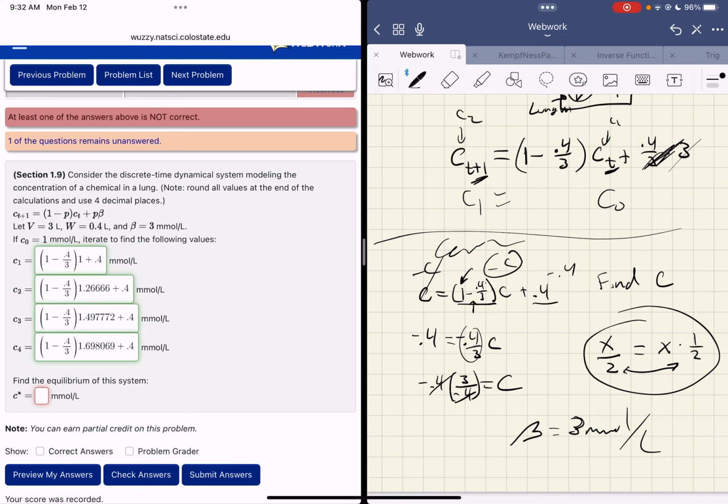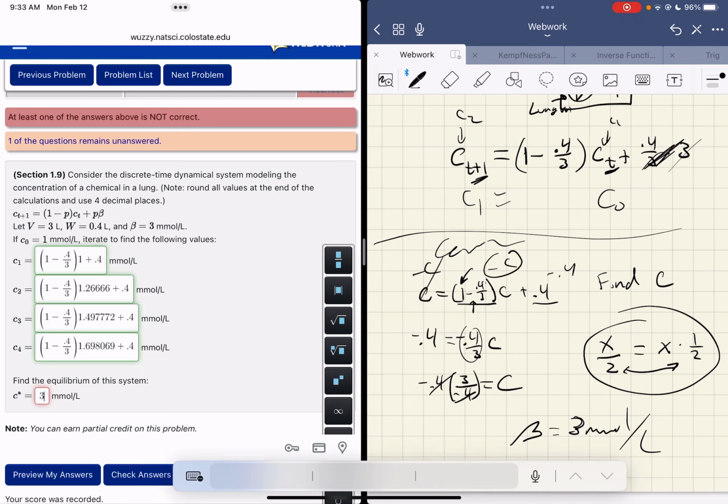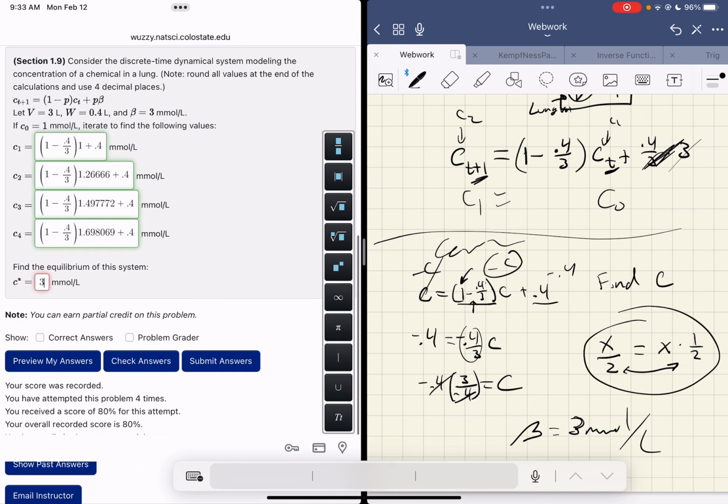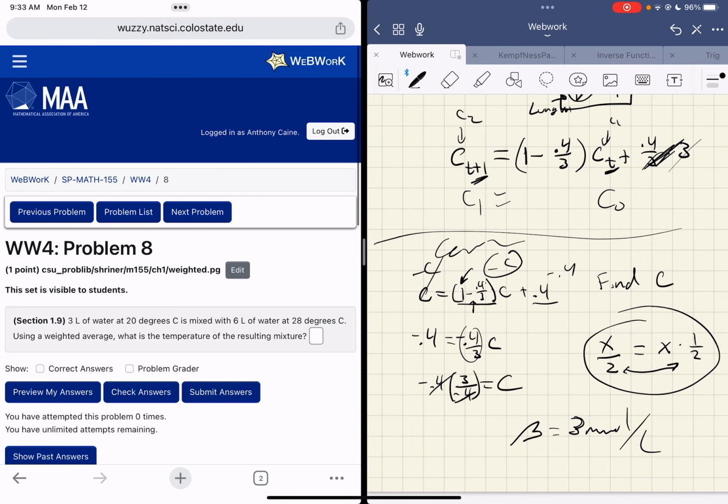In fact, that's the point. This chemical's concentration in the room is eventually going to be the same as the concentration in your lungs. So you will always head towards beta or gamma, whatever they call the ambient air. So, there it is. Cool, done, next problem.